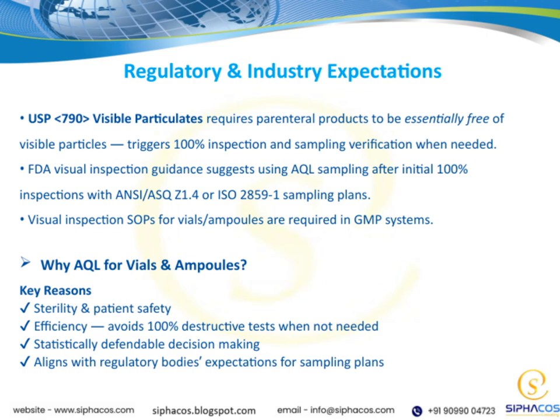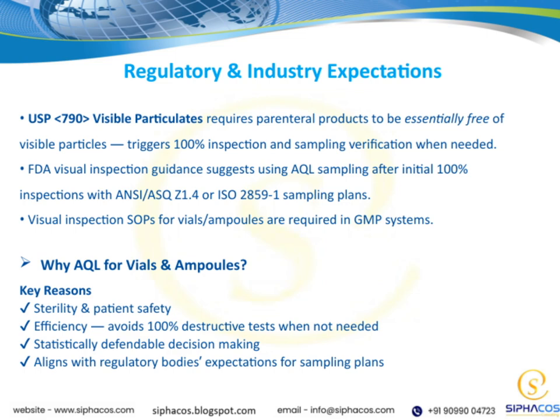Now, why do we emphasize AQL for vials and ampules? Well, first, it's all about ensuring sterility and patient safety. We want to catch any visible particles that could compromise the product or patient health. Second, using AQL is more efficient because it avoids destructive testing of every single unit when it's not necessary. Instead, we can rely on statistically sound sampling methods.